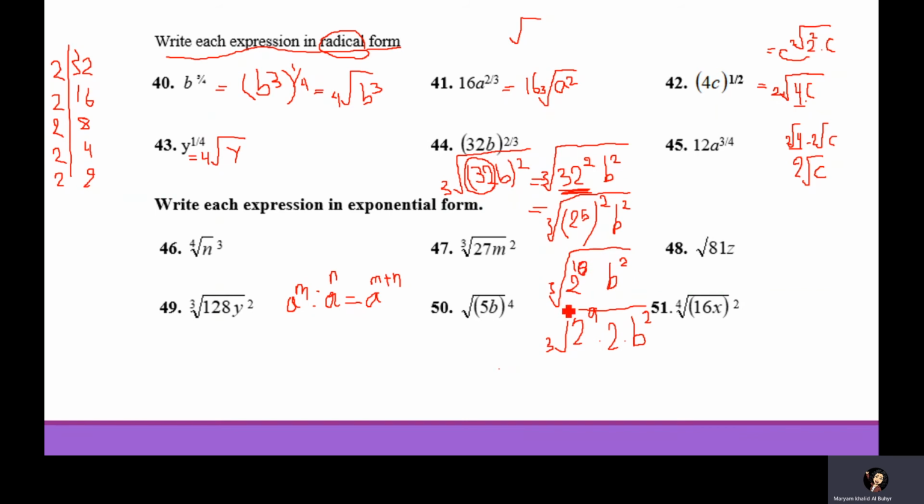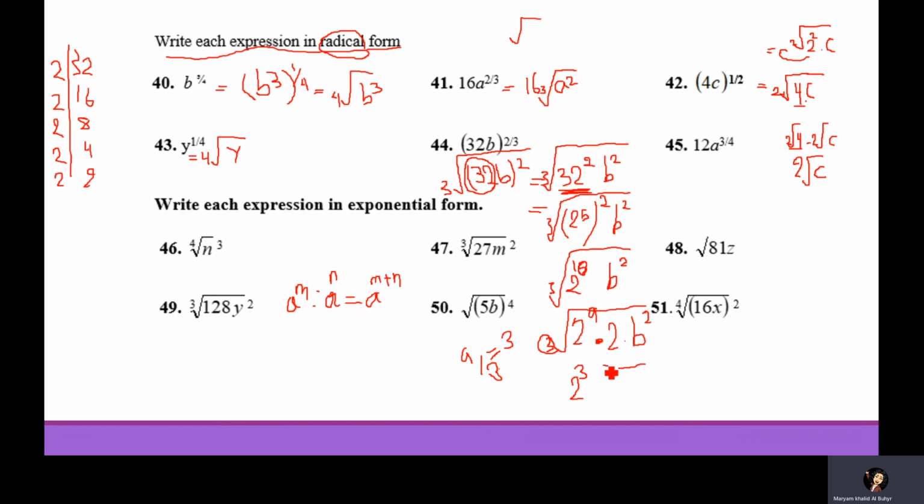I'm the one that I'm trying to separate them. Why I need this? Because I need multiple of 3. And the multiple of 3, so I can write 9 over 3, which is equals to, without root, it will be 2 to the power 3. So that's why. Now I'm going to take this one. That will be 2 directly, 2 to the power 3 outside, because that's not a fraction.